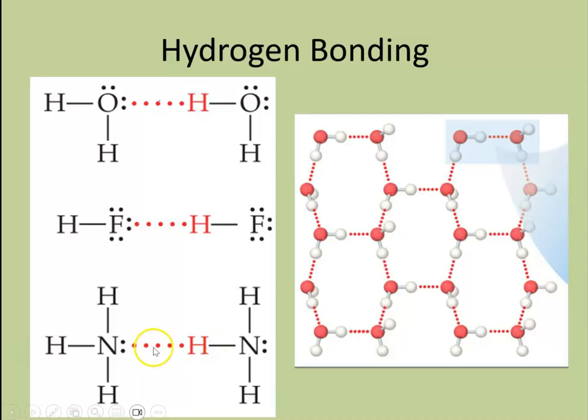The hydrogen bond is the electrostatic attraction between the nitrogen atom in one molecule and the hydrogen atom in a different molecule, between the fluorine atom in one molecule and the hydrogen atom in another molecule, between the oxygen atom in one water molecule and a hydrogen atom in another water molecule. Once again, these are much weaker than the covalent bonds that hold the water molecule together, but they are sufficiently strong to obviously influence the physical properties of water.